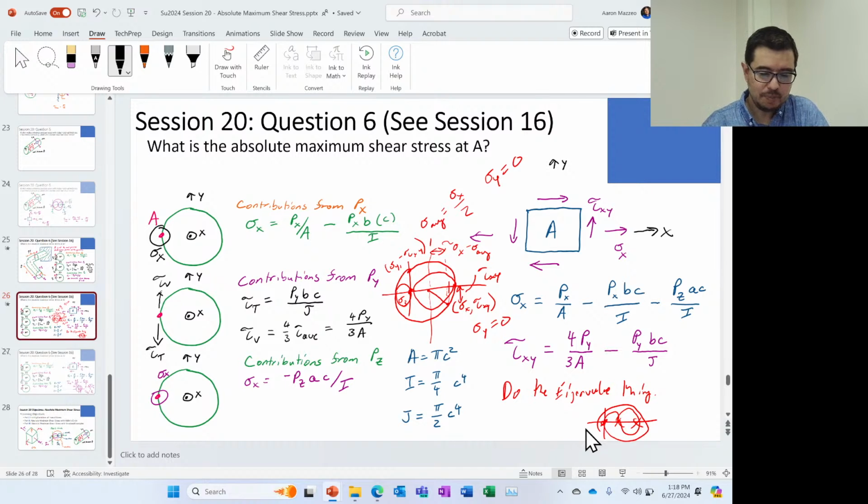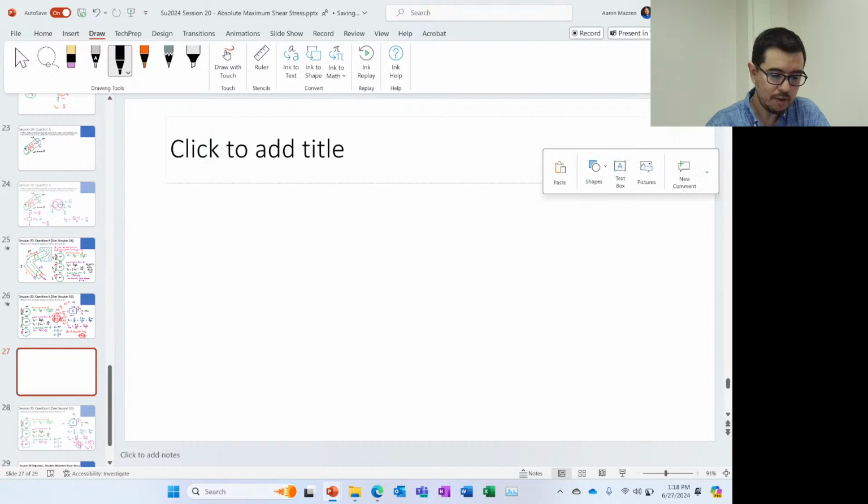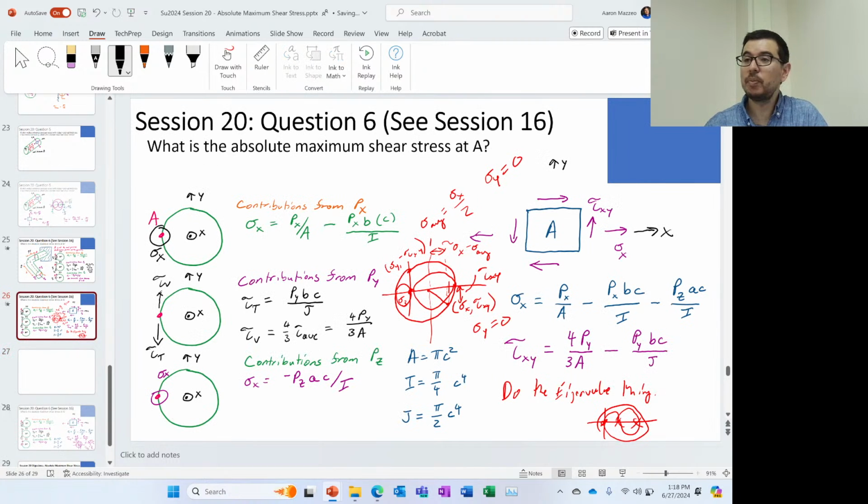But let us take a step back. If someone could give me their sigma x and their tau xy, I'll try to do the problem in real time. But I need you to at least give me your sigma x and your tau xy. What did you all get?